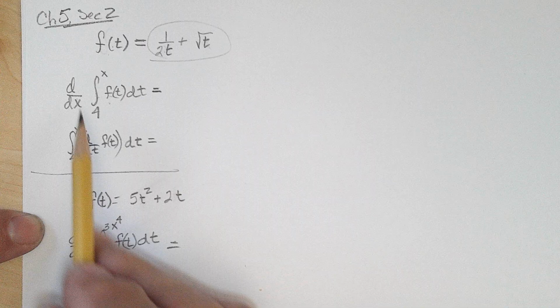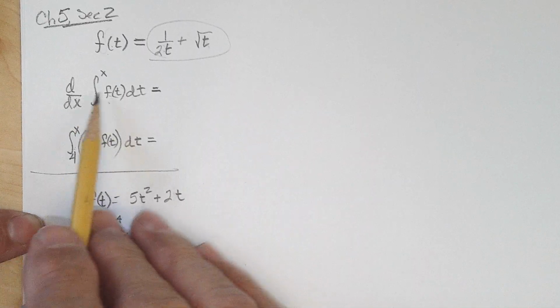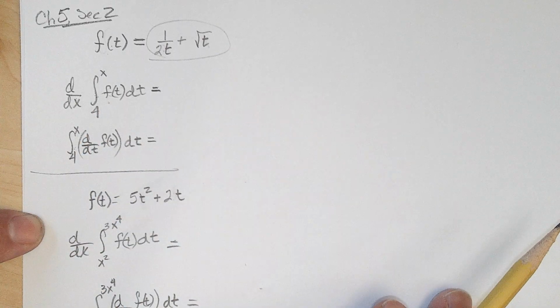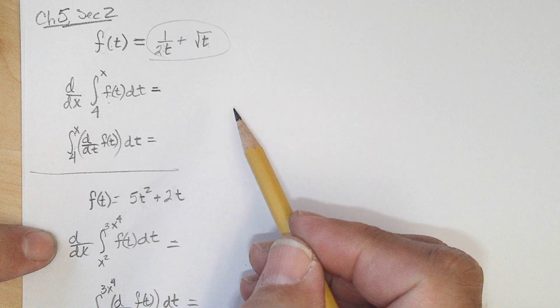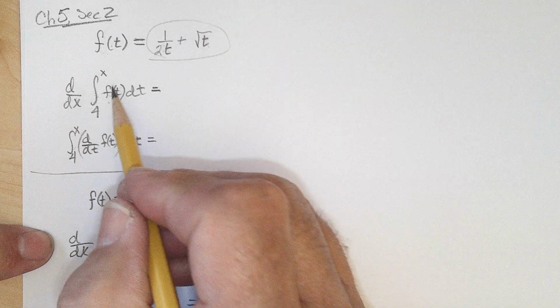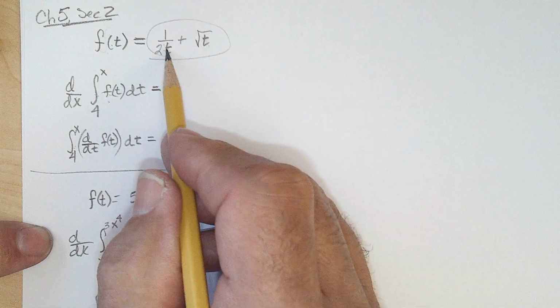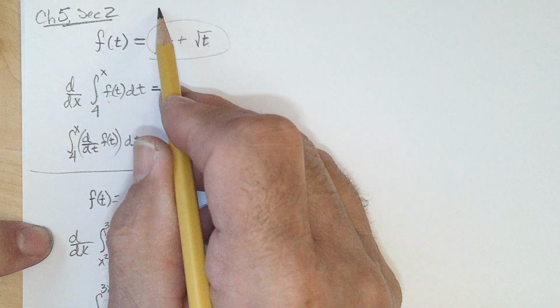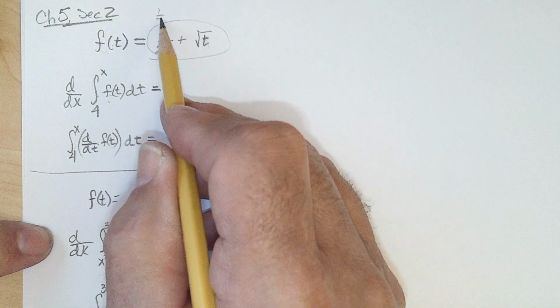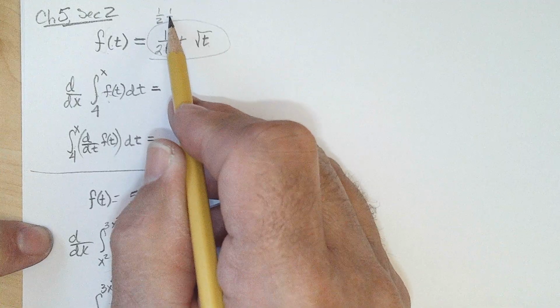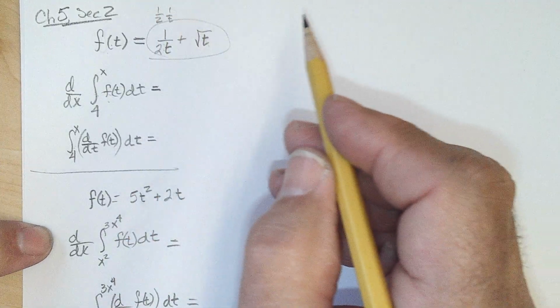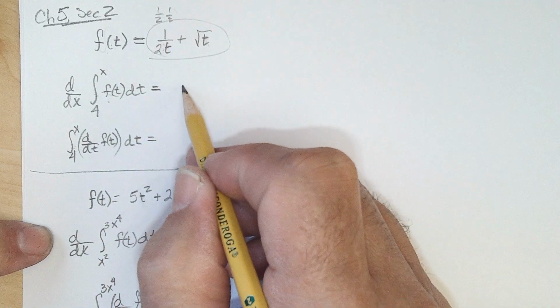And it makes a difference which order they're in. Seems like they should just cancel and be gone, but we need to keep track of what's really going to happen here. So the antiderivative of this is 1 half of 1 over t, and the antiderivative of that is ln.